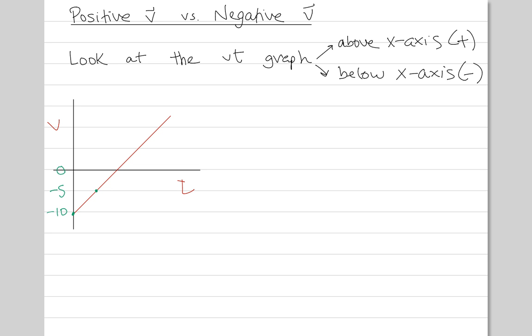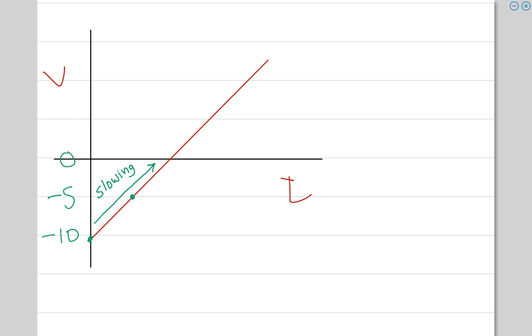So what's happening as you approach the x-axis, you're slowing. So as the graph approaches the x-axis, you're actually slowing down because in physics, you need to think about the magnitude. 10, 5, 0. Your speed is going down.